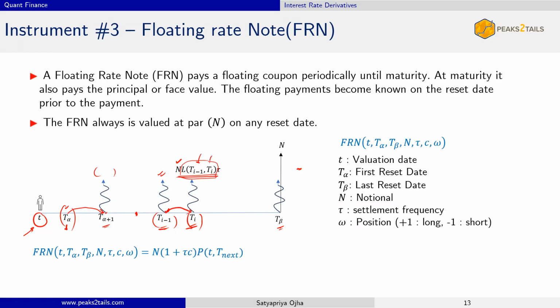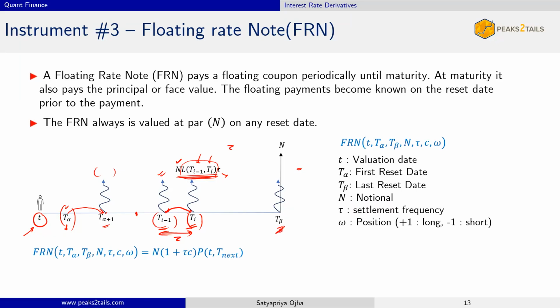L(Ti minus 1, Ti), this notation is self-explanatory, is the rate applicable between Ti minus 1 and Ti, which becomes known when you arrive at Ti minus 1, a reset date, times the year fraction tau. Tau is the gap between these two, the length of the period for which the coupon payment is made. So every time you get a coupon payment like this. It's floating, but becomes known when you reach the reset date prior to that date.